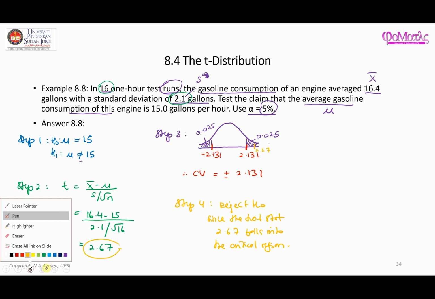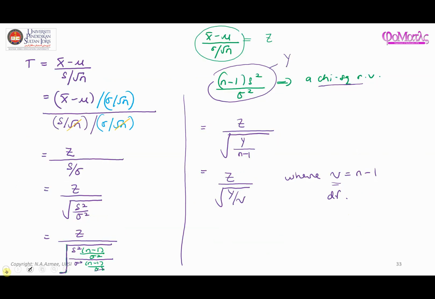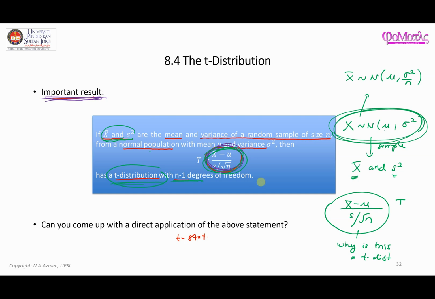Next, you can come up with a conclusion. The conclusion is that there is enough evidence to say that the average gasoline consumption is not 15 gallons per hour. This is an example of direct application of this result.